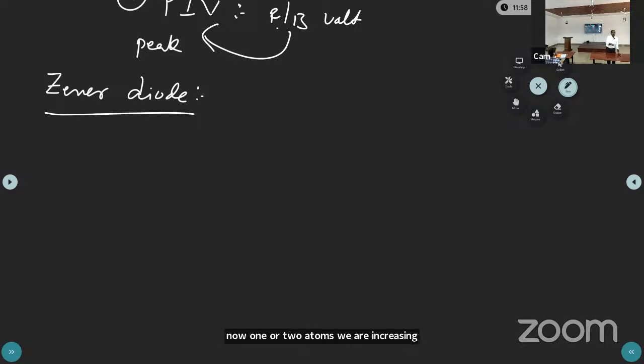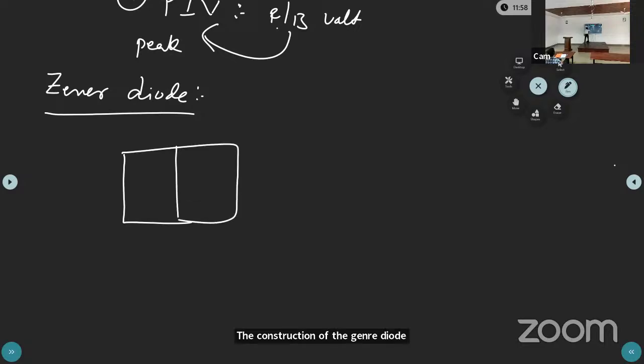The construction of the Zener diode is the same as the PN junction diode, but here there is high impurity.